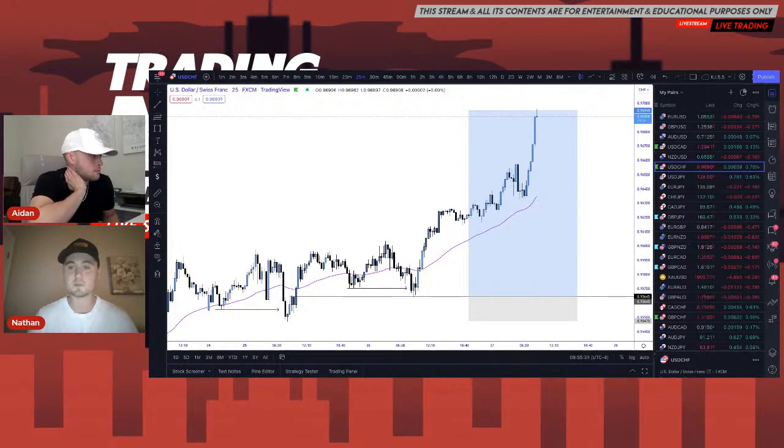So Everald said, I never quite understood mitigation. Mitigation is accounting for old orders. Think about it: if you manipulate price down at a certain price, let's say it's 109 flat, and you sold it down to take liquidity.